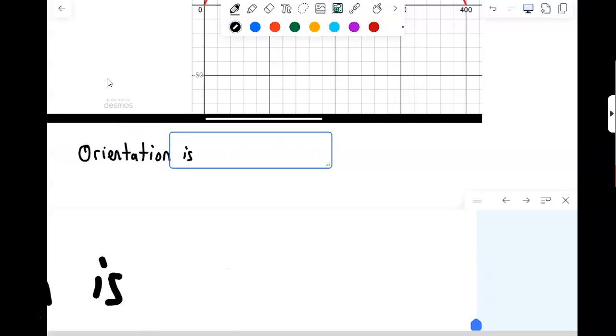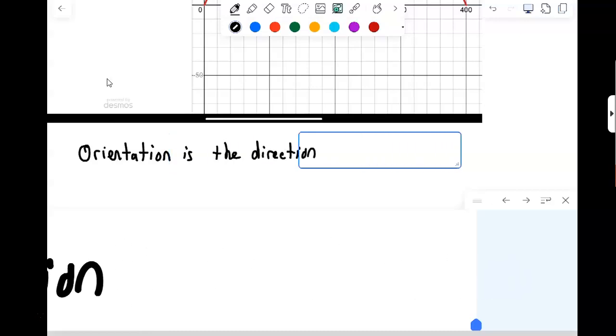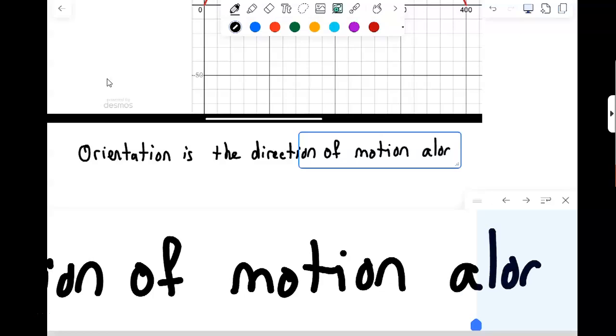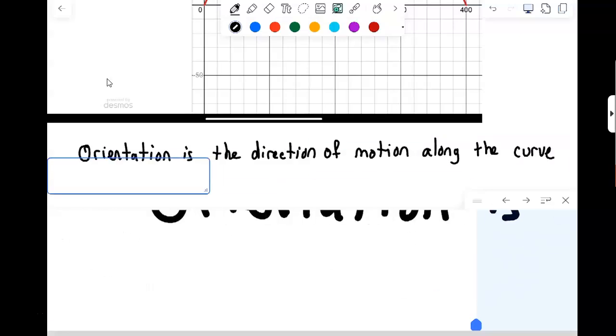So orientation is the direction of motion along the curve as t increases.